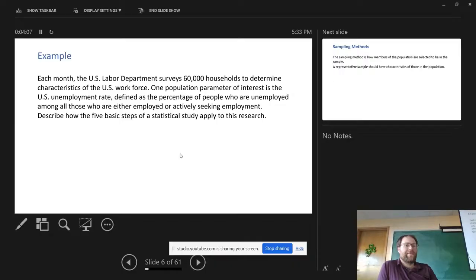People who are trying to find employment, or... Yep, where it has the word interest in it. Parameter of interest is the U.S. unemployment rate. So the goal of this might be we can calculate the U.S. unemployment rate.